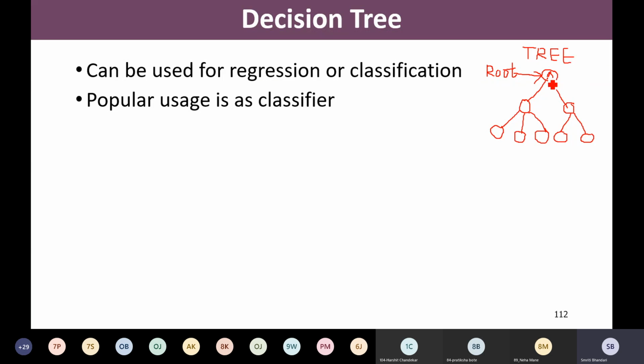Let us assume that the root node is A, this node is B, this node is C, this is D, E, F, and suppose this is G and this is H. So in this tree, A is the root node.